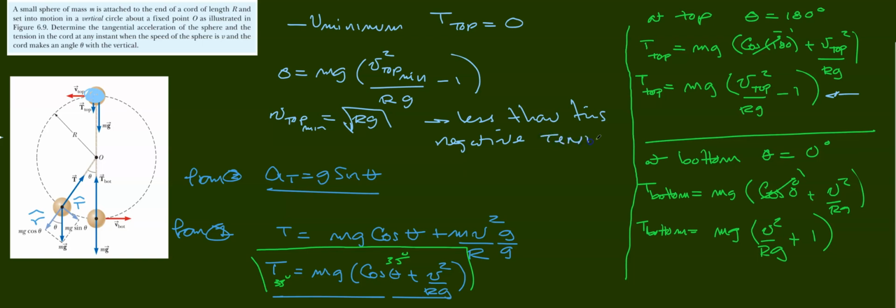Negative tension doesn't work. That's not permitted because the string can only be in tension, which means pulling. So that v will be the minimum value possible here. Good, we'll do a few more problems in class.